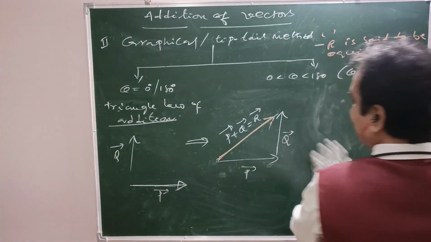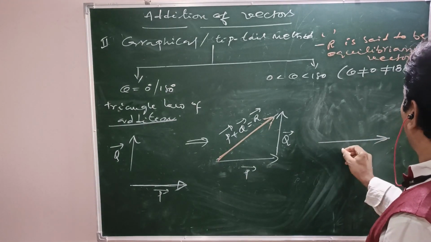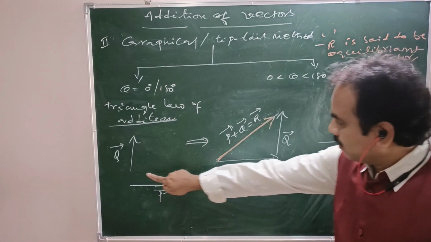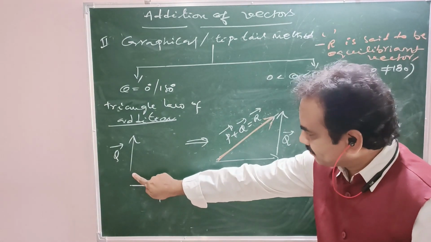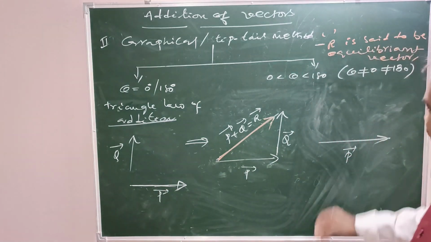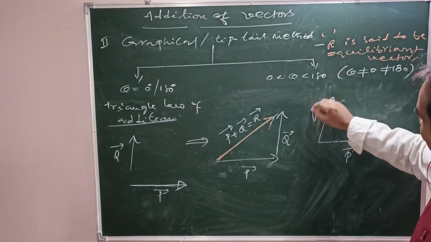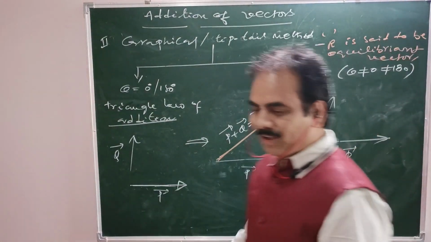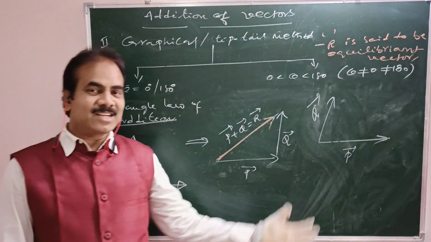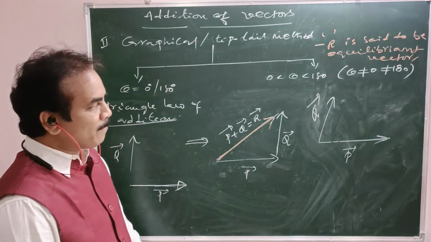Now see, this is p bar. Now take this q bar such that its tail is connected with the tail of p bar. This is q bar. Now, the given two vectors are taken as the adjacent sides of a parallelogram. Is it a parallelogram? No. How to get a parallelogram?